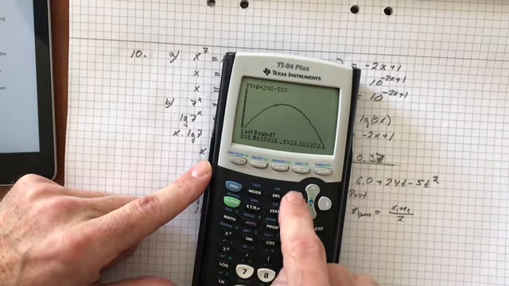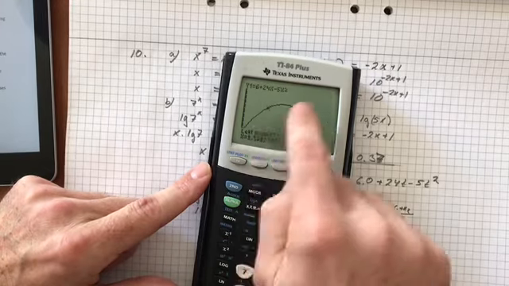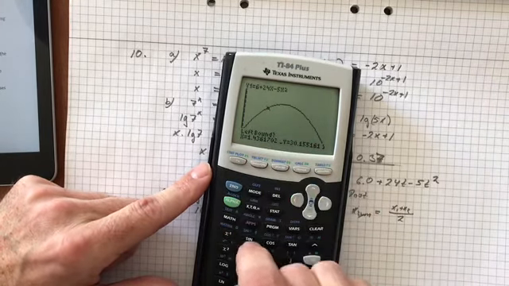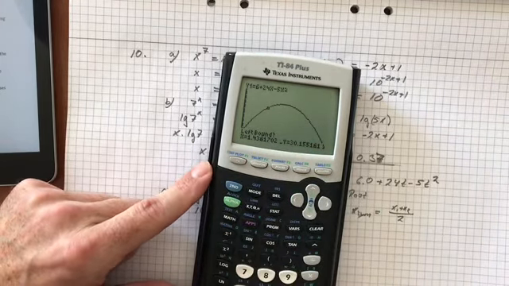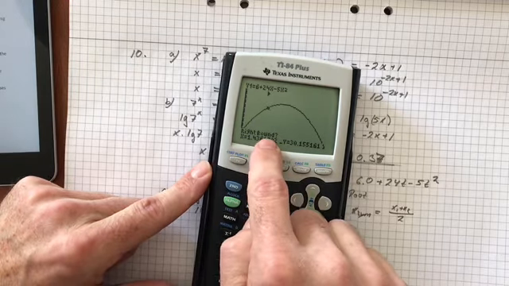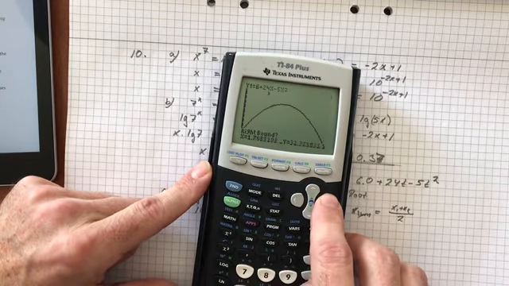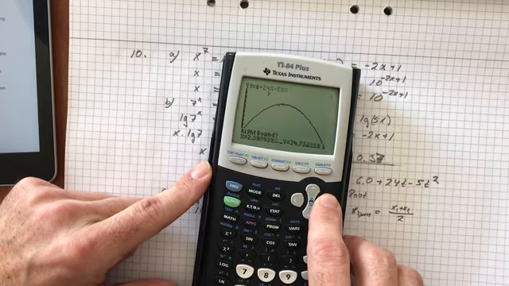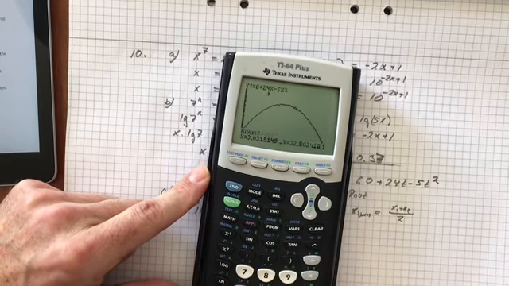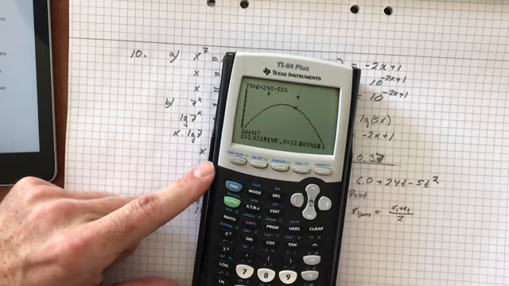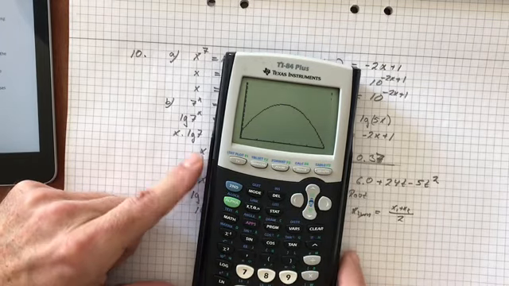So I go with the arrows to the left, anywhere to the left, and I press enter. And it asks for right bound, so I have to go to the right of the maximum value. Somewhere here to the right, and I press enter. And guess, well, it's just 1 point here, so I just press enter.